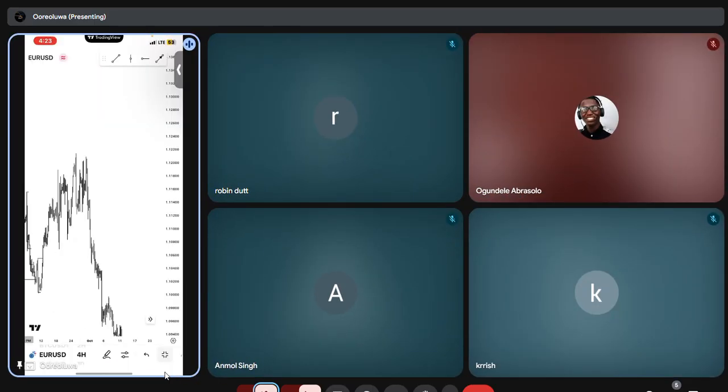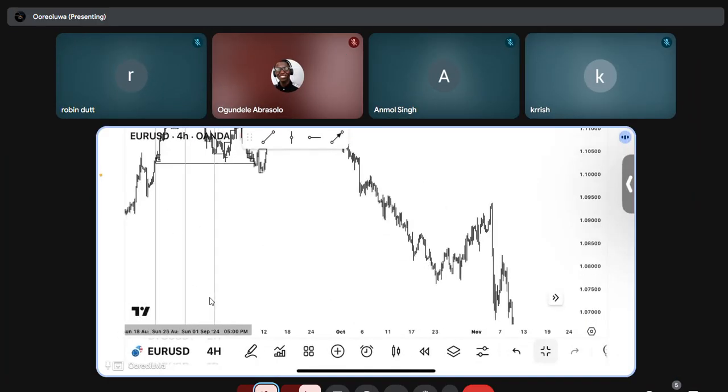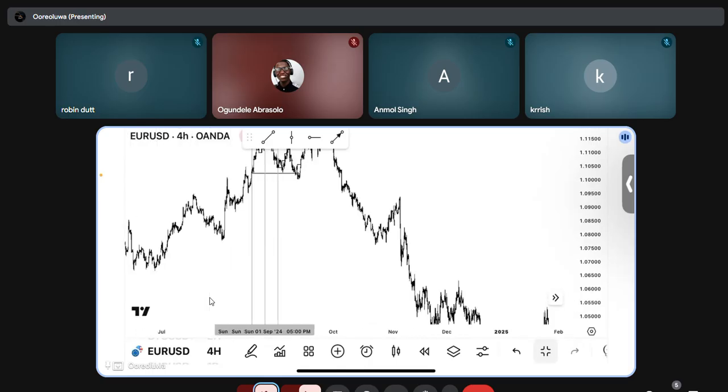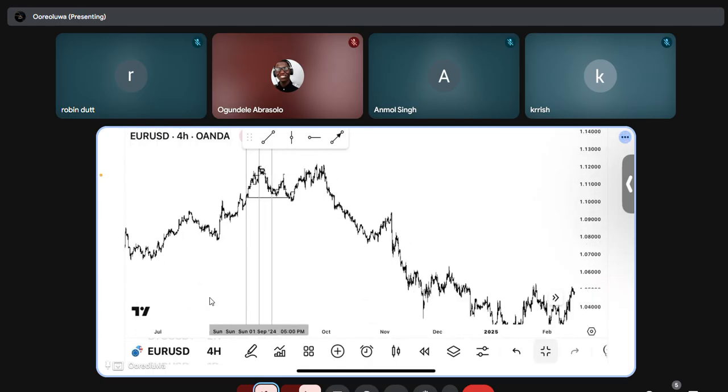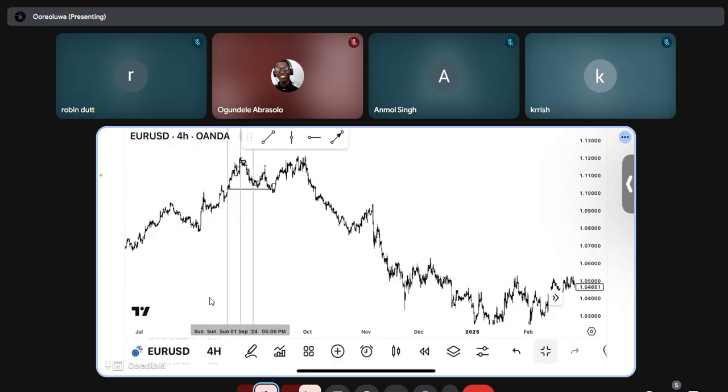Maybe like a 3 months key level, 6 months key level. Let's just say 3 months key level. Right. So you can see this sell was actually the same thing. You can see how long. So the key level, the higher time frame you are coming from, determines how long you will hold the trade.